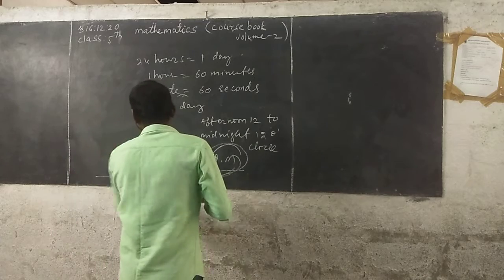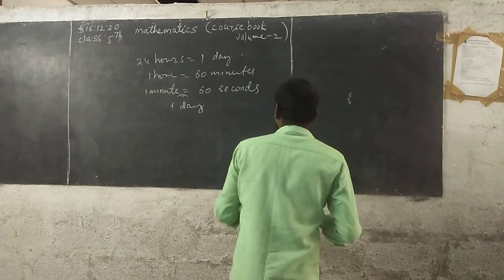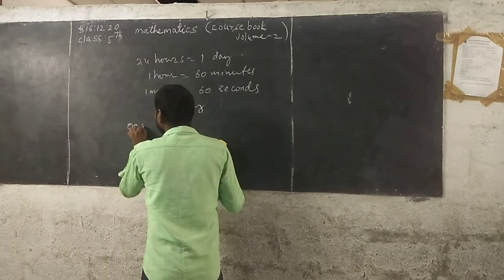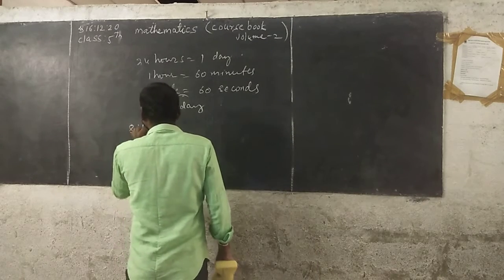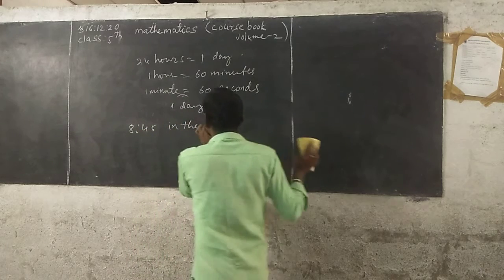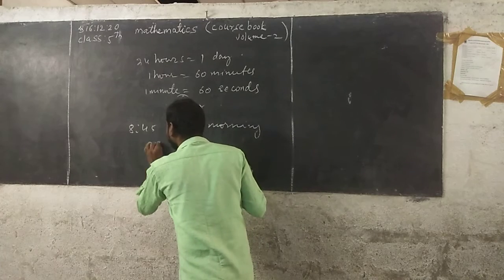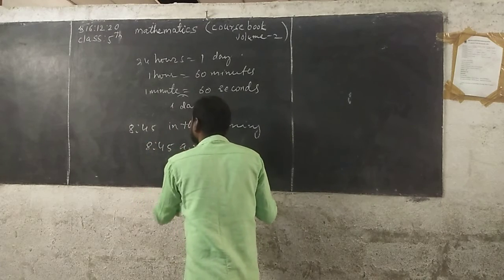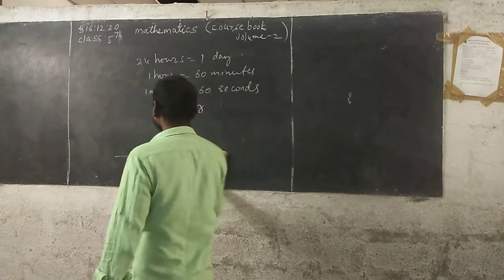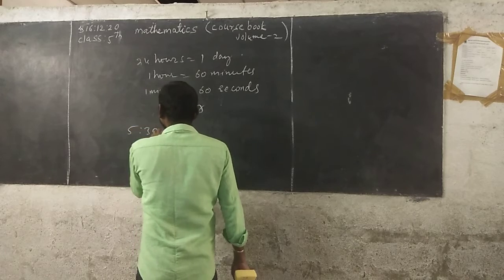See here, I come to school every day at 8:45 in the morning. It can be written as 8:45, and morning means you write AM. Now I can play at 5:30 in the evening.